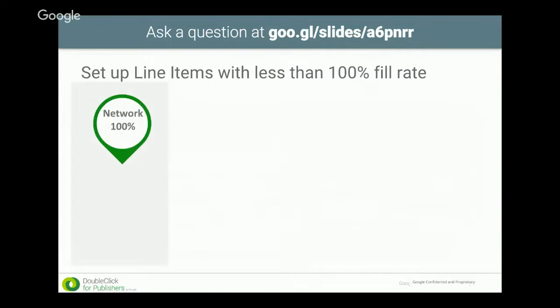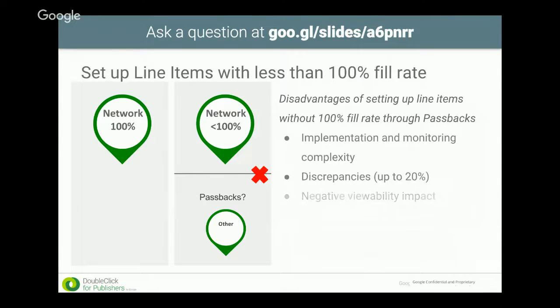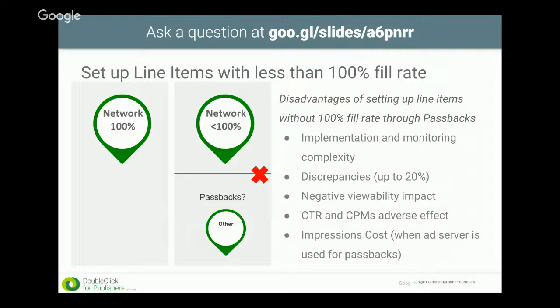Now, why is the dynamic allocation important, and what are the best practices to set up line items with less than 100% fill rate? The most frequent scenario is that we have publishers who are seeking to work with multiple ad sources. If you only have, let's say, AdSense and one external ad source, the setup is fairly simple.